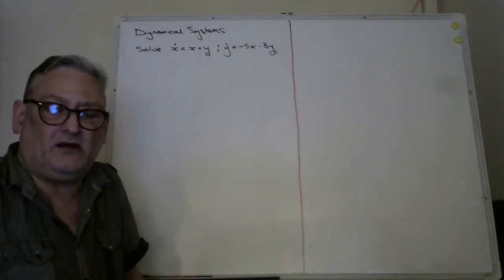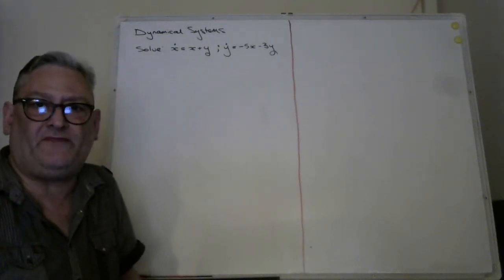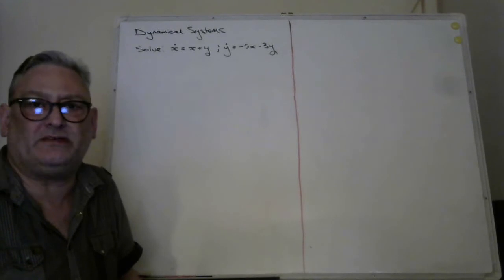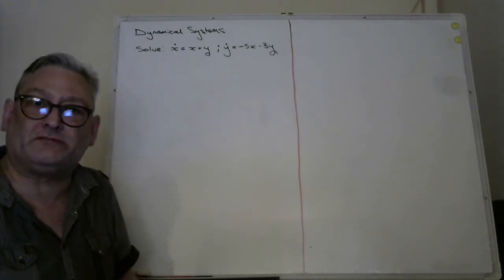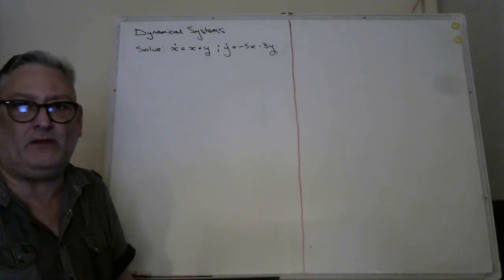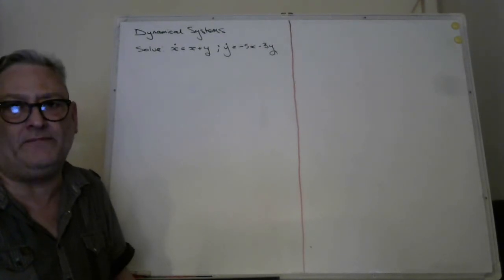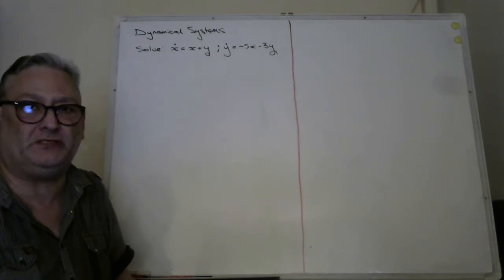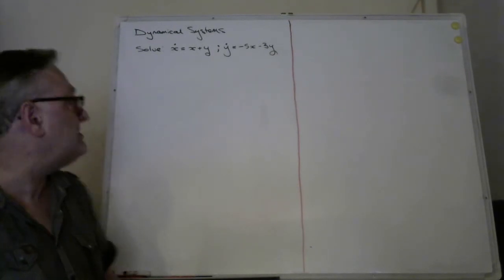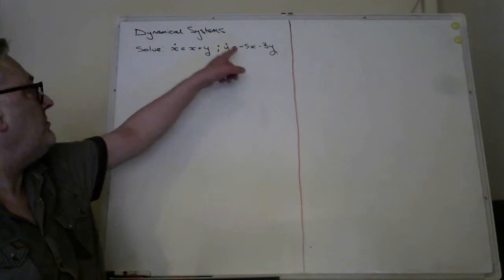Hello, welcome to this video, which is a continuation of my previous videos on dynamical systems, in which we solve systems of ordinary differential equations. So far, we've just been solving two ordinary differential equations.